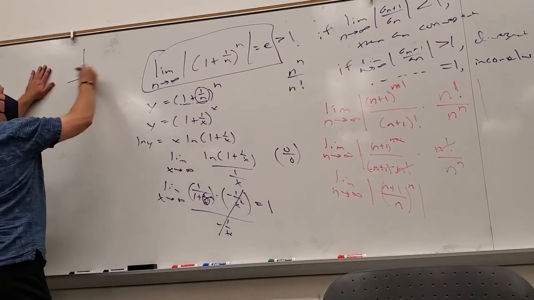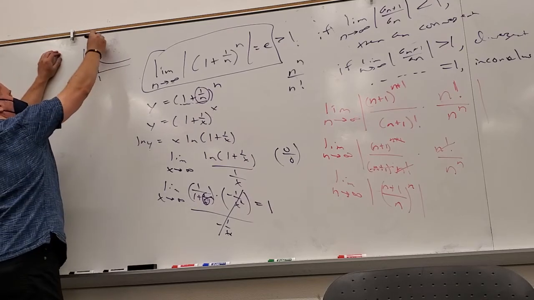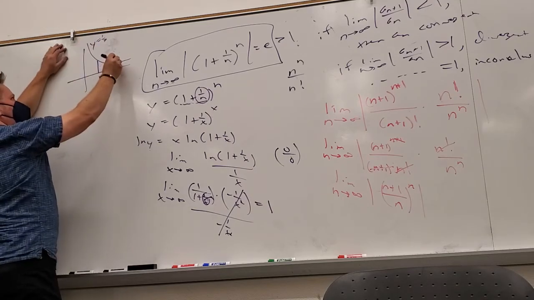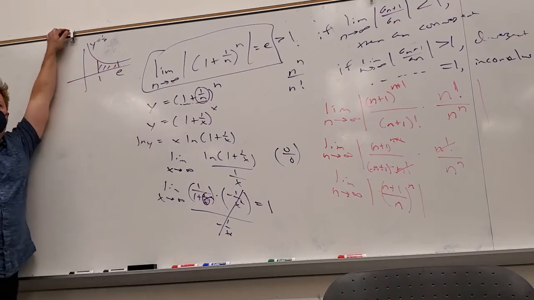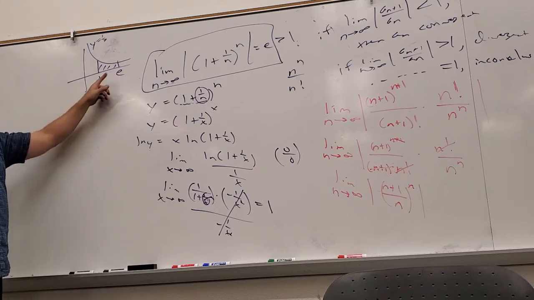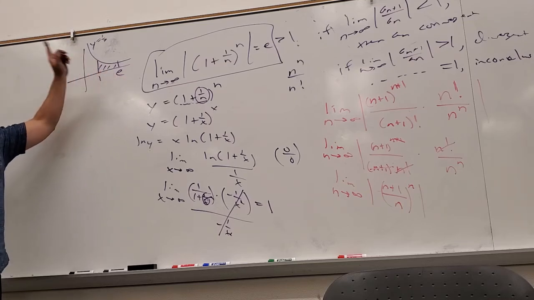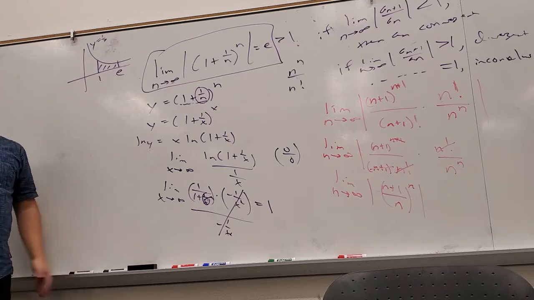I much prefer the definition of e being: if I start at 1 for y equals 1 over x, how far do I go until this area is 1? I go up to e. That's the better definition of e to me.